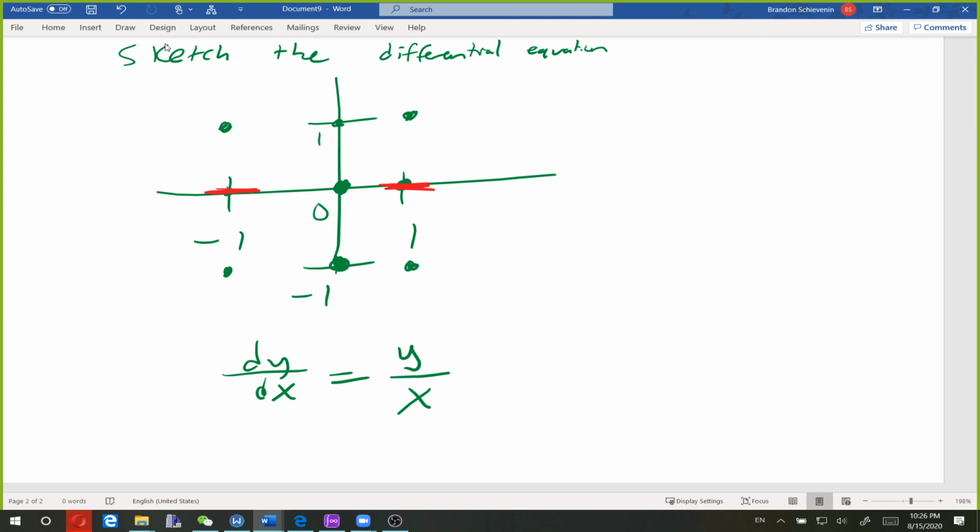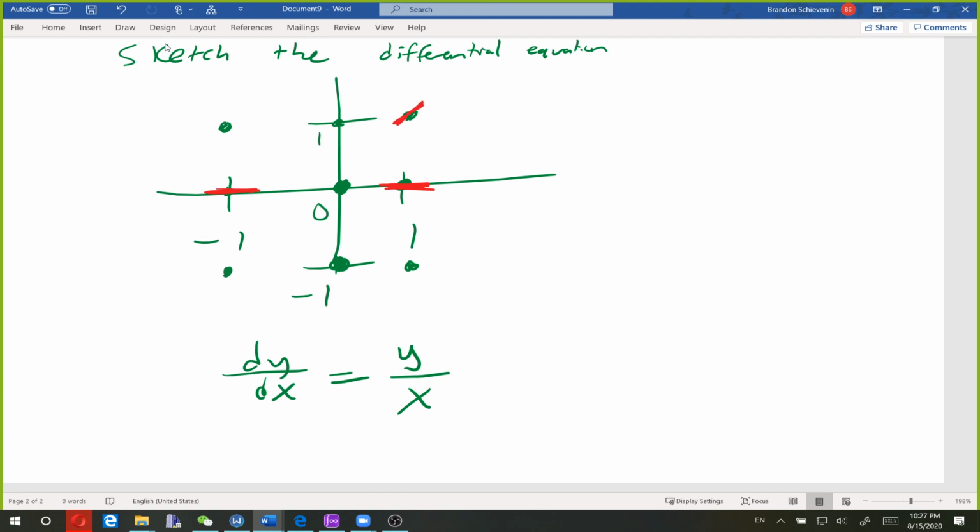Okay, Kelly, what is our slope at (-1, 1)? Okay, at (1, 1) you said we are positive.